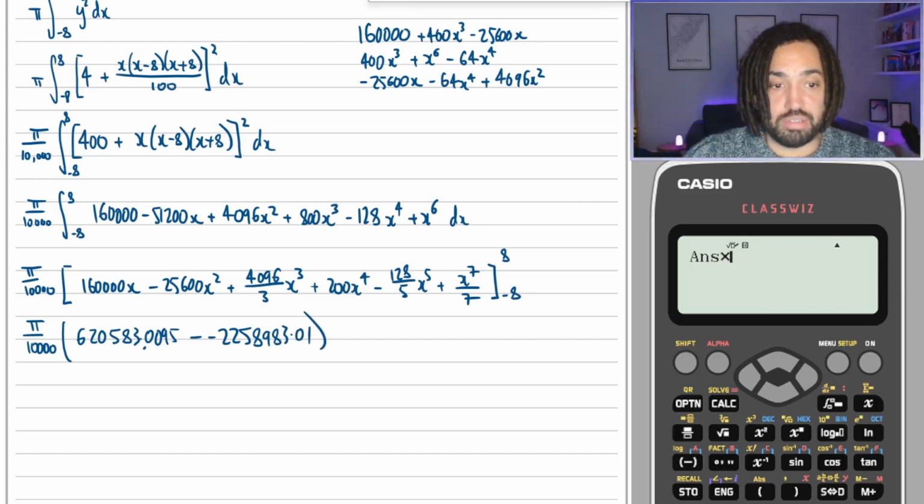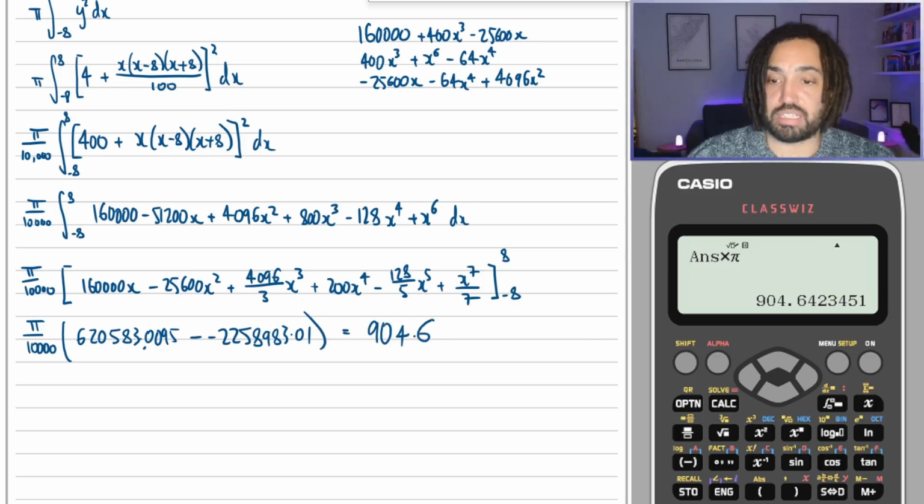Okay, so I'll need to then add that to the 620,583.0095, and then I'll need to divide that by 10,000, and then I'll need to times that by pi, and that will give me my final answer of 904.6.